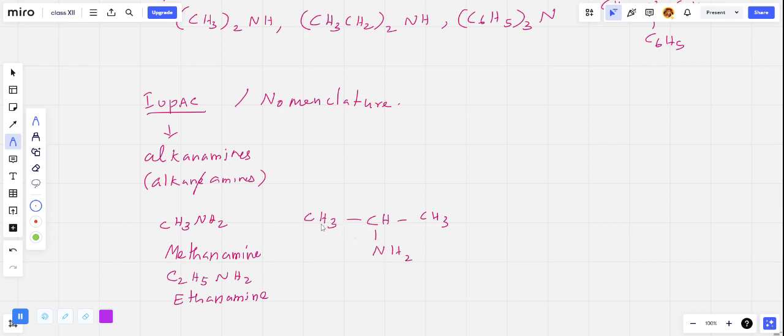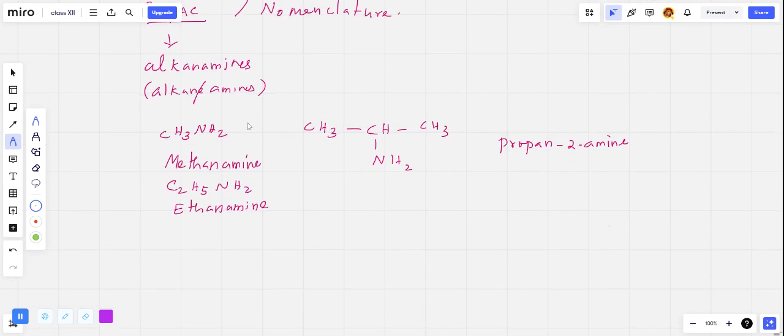Now we select the longest chain, which contains three carbons. That means it's propane. Instead of writing E, we write amine. But here the amino group is on the second carbon, so propan-2-amine. This is what we have to write.